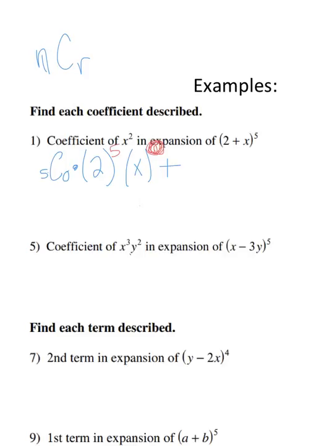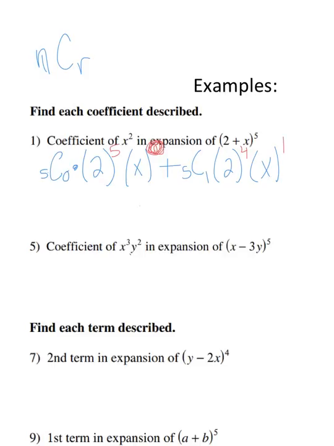Okay, so then I go plus 5 choose 1, times 2 raised to the, and I drop the power by 1, so 4. And then I go to my x, and I raise its power from 0 up to 1.